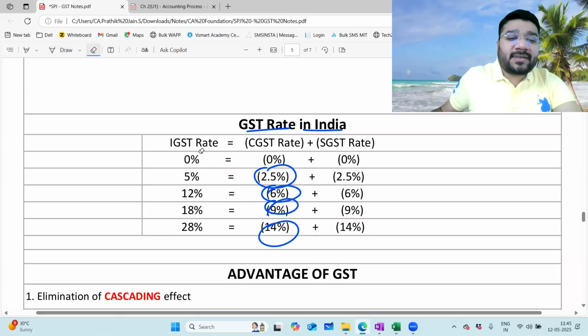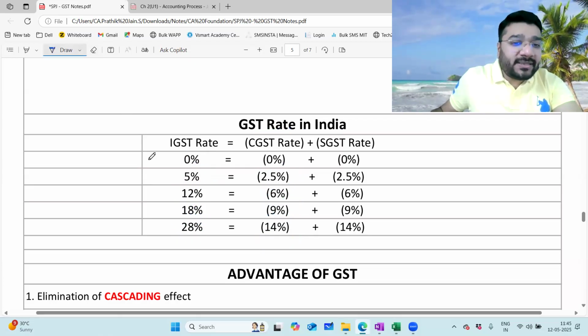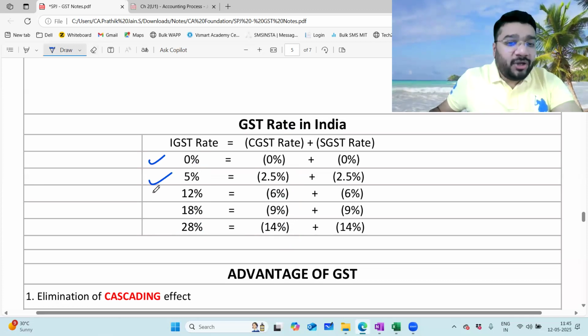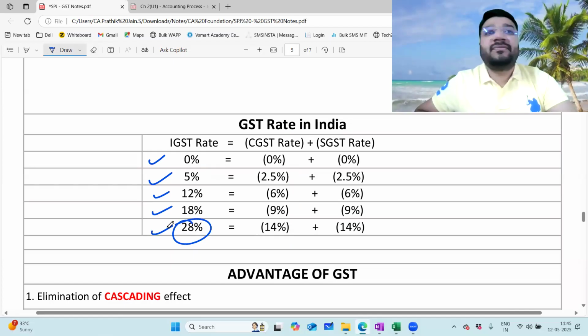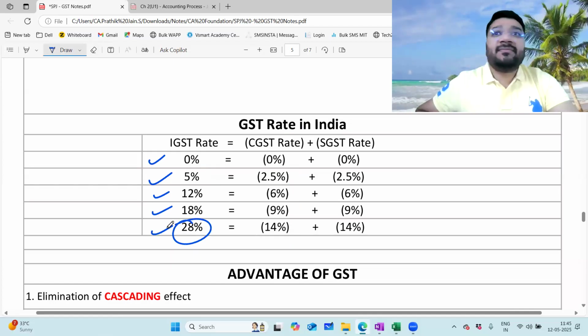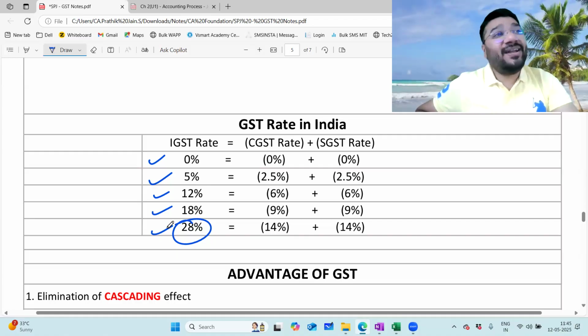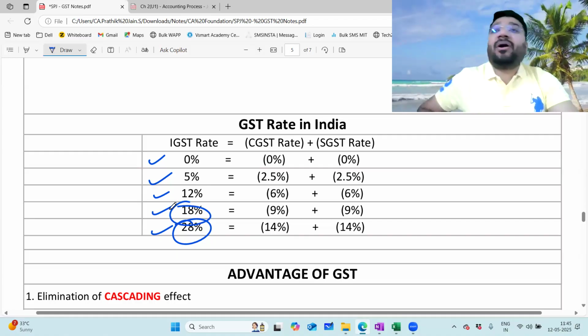The rates that have been prescribed by the department are 0%, 5%, 12%, 18%, and 28%. 28% is on the luxury items. If you buy an AC or TV, 28%. If you buy a 65-inch TV, it means you are a rich party. Then you can pay 28%. Some products 18%.